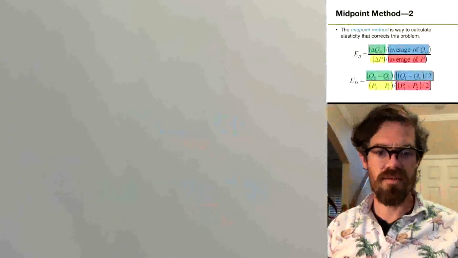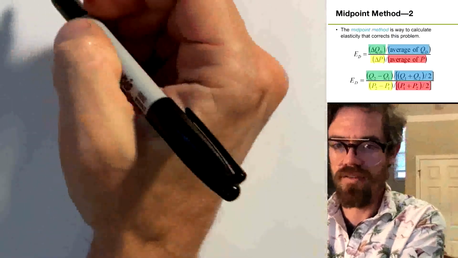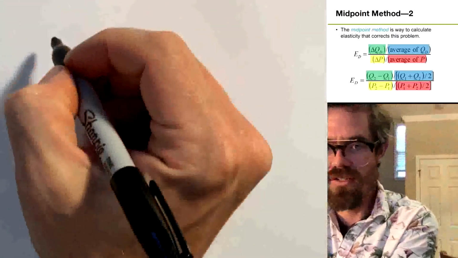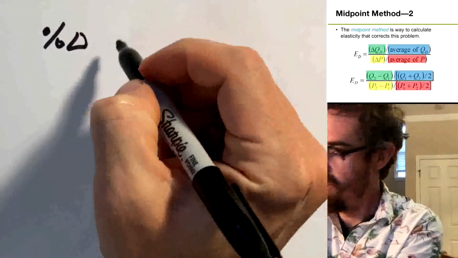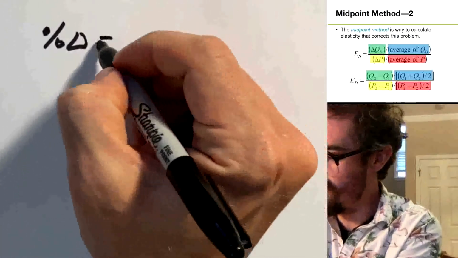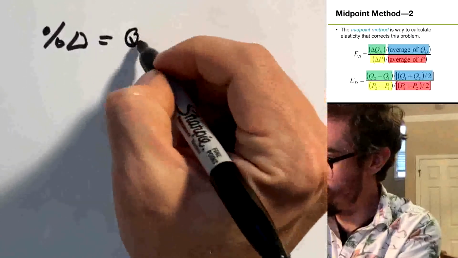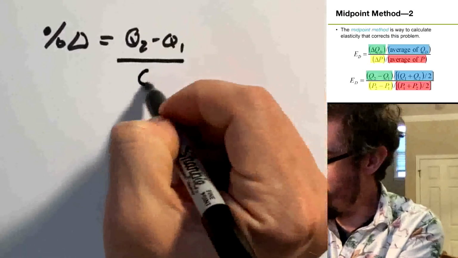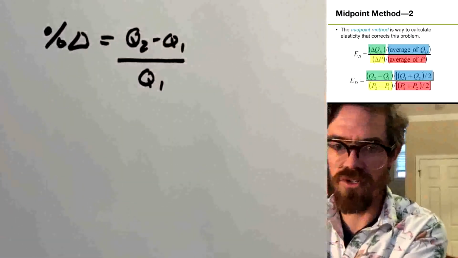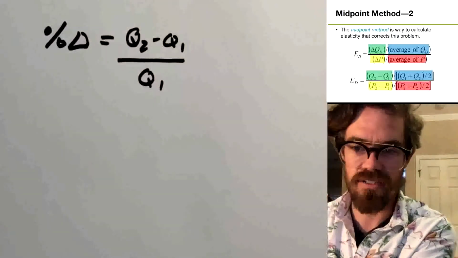All right, so now that I've got my doc cam set up, the usual way of calculating percent change, like I said, let's just use quantity for right now, is usually the change in quantity, so Q2 minus Q1, and then usually we divide by the initial quantity, right? So that's how we usually calculate percent change in most cases.